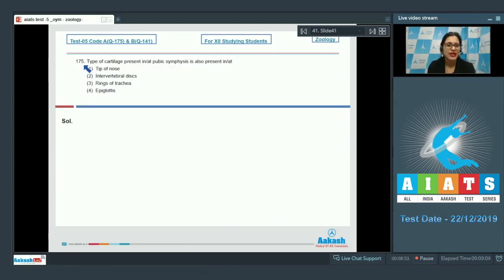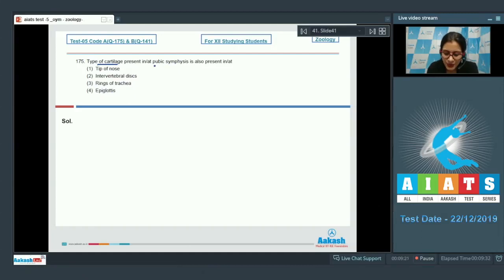Question number 175. Type of cartilage present in or at pubic symphysis is also present in or at. Options are tip of nose, intervertebral discs, rings of trachea, epiglottis.